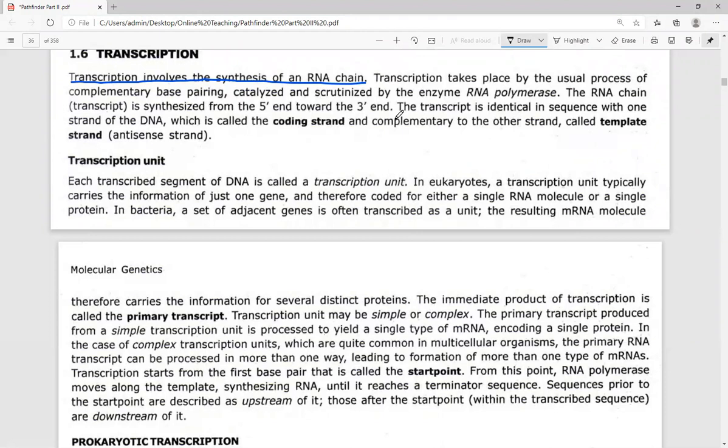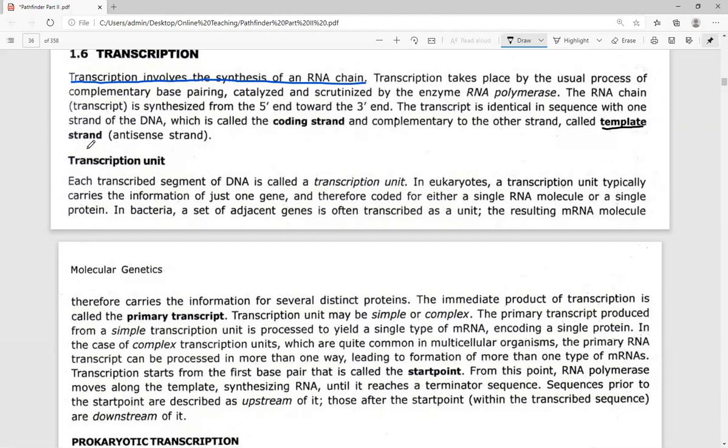Now, how does this transcription take place? There are two strands in the DNA molecule, and among them one strand will be used as a template strand for the biosynthesis of the RNA molecule with the help of the enzyme called RNA polymerase.